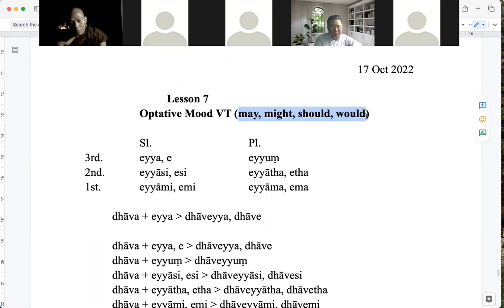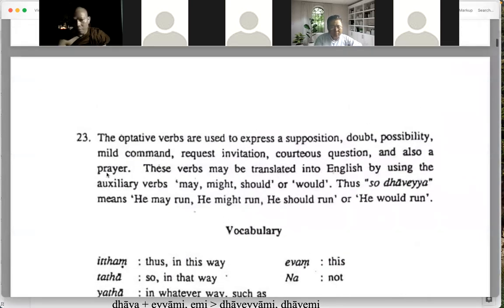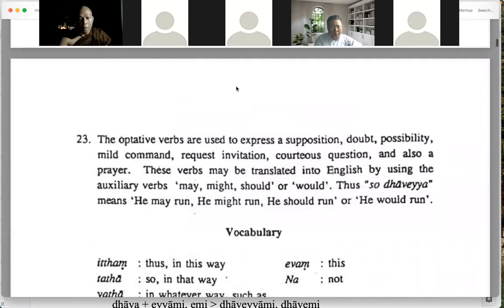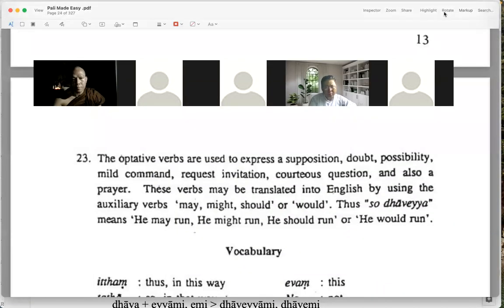That is why in paragraph number 23, you see the optative verbs are used to express supposition or doubt or possibility, a mild comment, a request, an invitation, a catch-up question, and also praying or wishing.